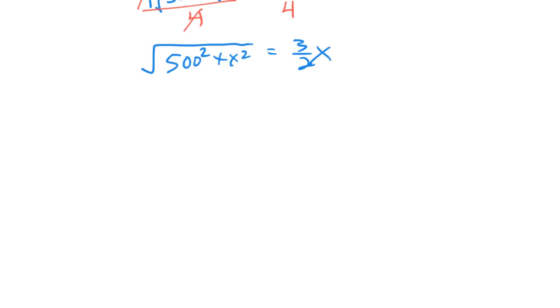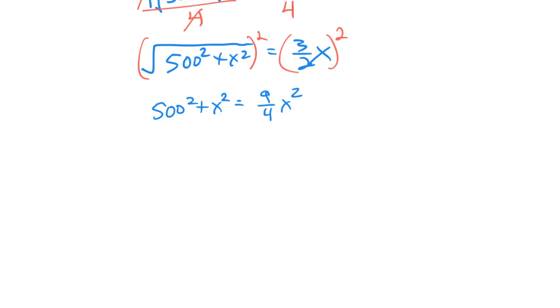So then to solve this equation, we need to get at this x, and it's under a radical. So we are going to have to square both sides here. Remember, we also have to square the 3/2. It's an easy mistake to make, just squaring the x, but we need to square this too. So when we square both sides, we end up with 500 squared plus x squared equals 9/4 x squared.